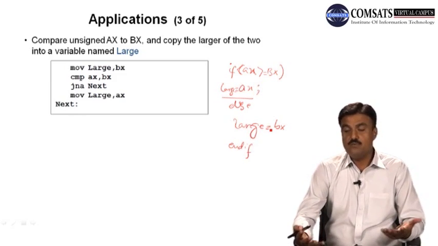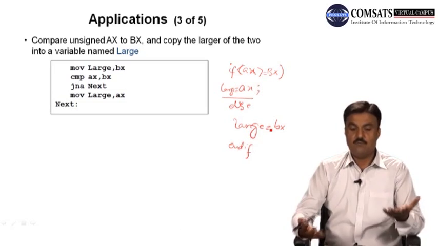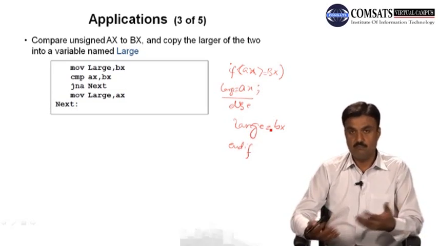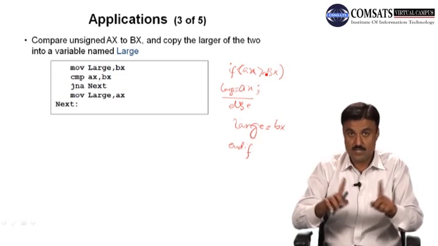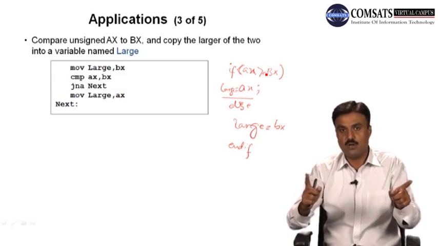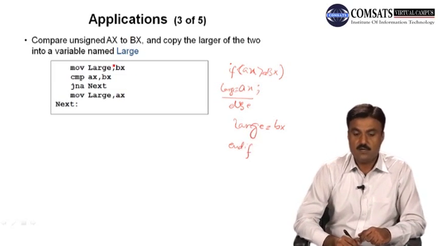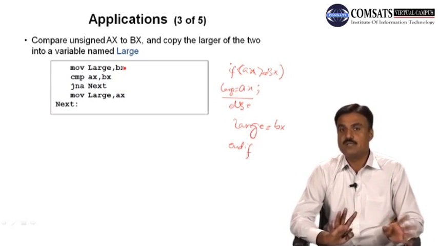We compare two registers or two values, and whichever has the larger value will be moved into the variable. Here we are not checking for equality; we compare which one is larger.